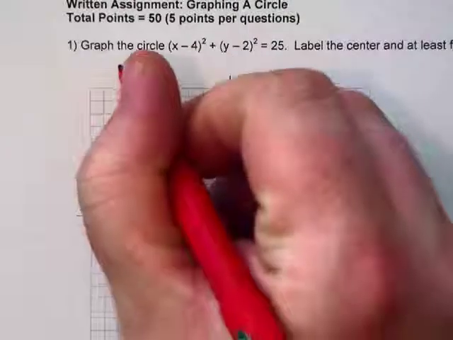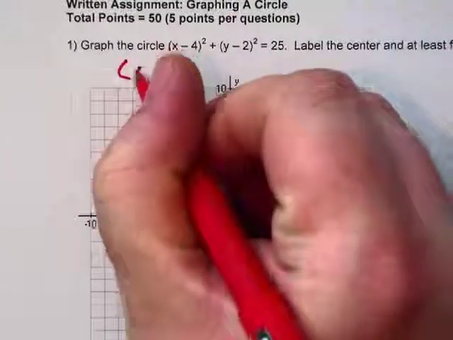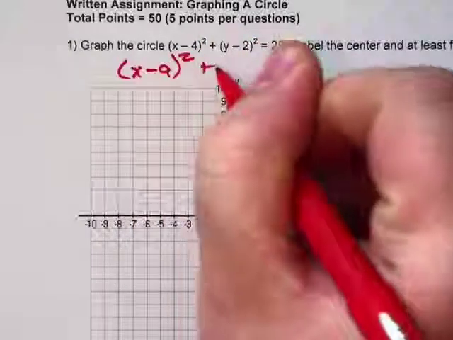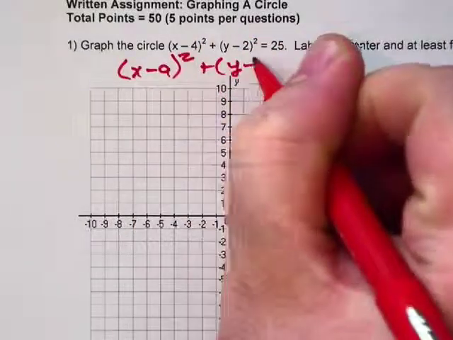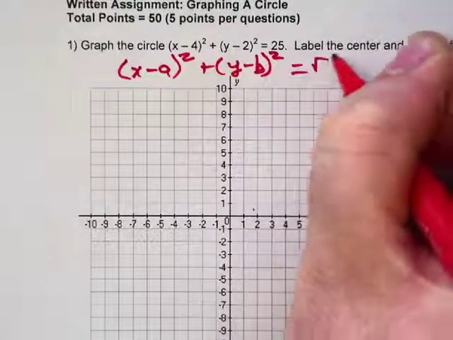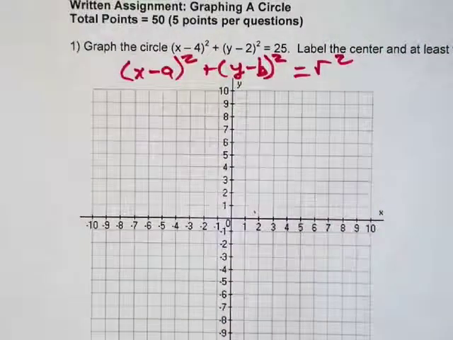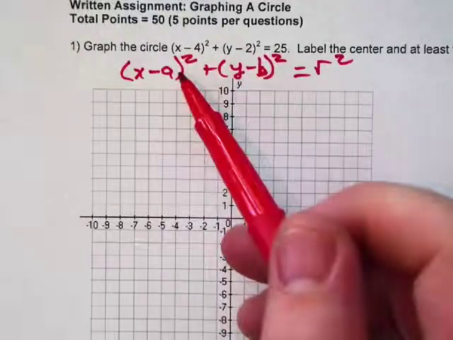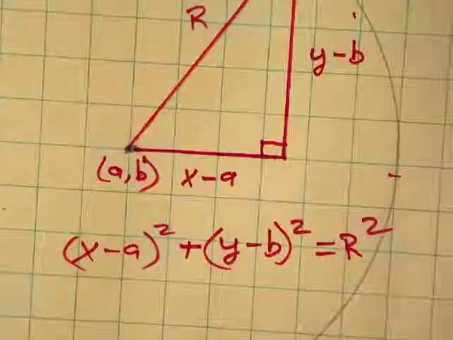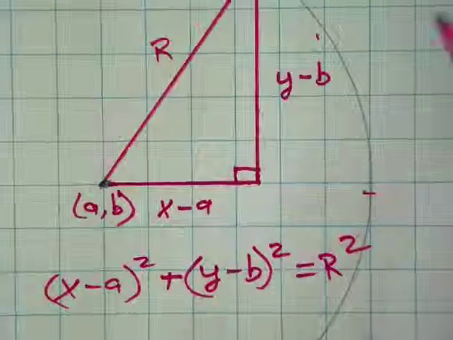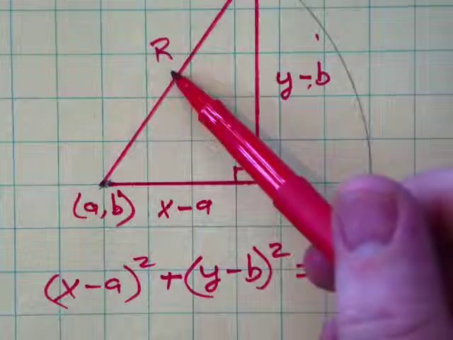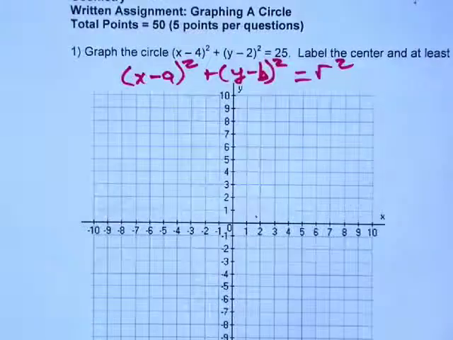Well, I know that we had x minus a squared plus y minus b squared equals r squared. I know that's the formula, and if we look, that's set up the same way. We got that by using the Pythagorean theorem, and we found that formula by squaring that and that to get us that squared, and that'll tell us how far that is.